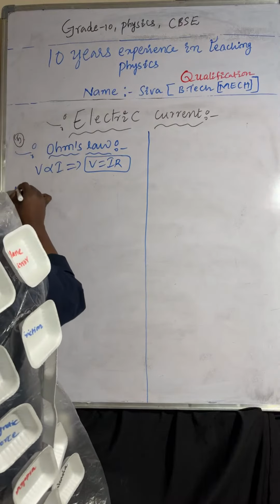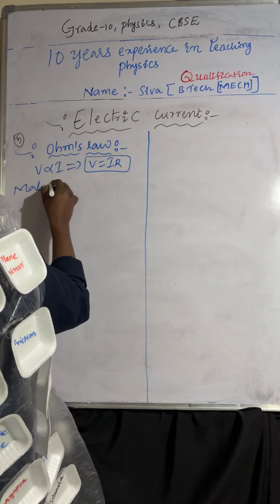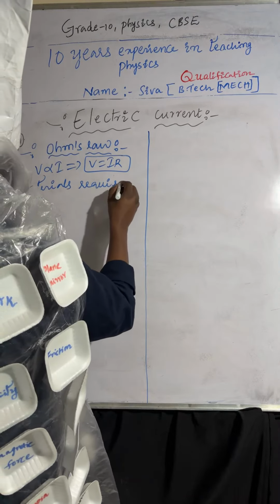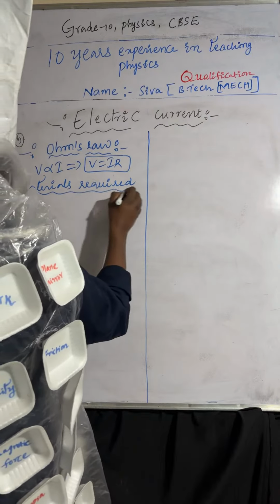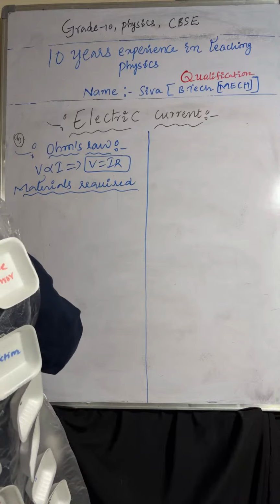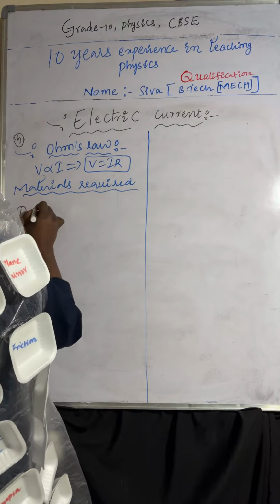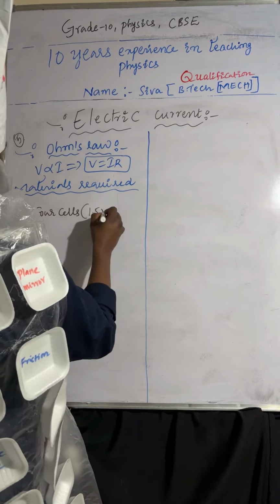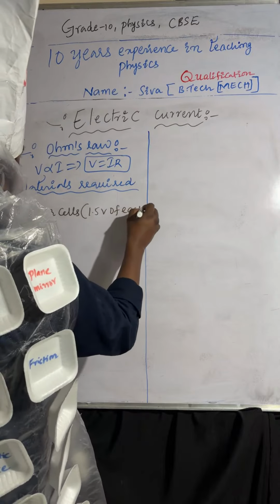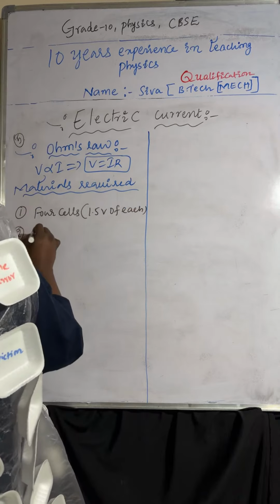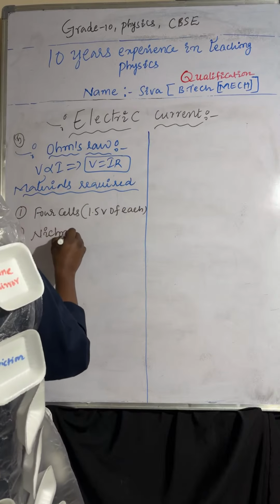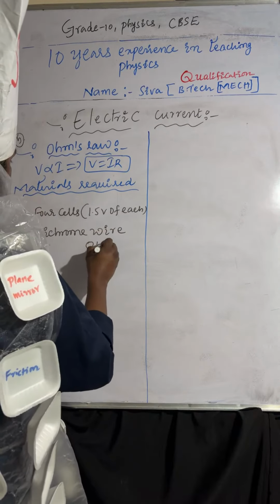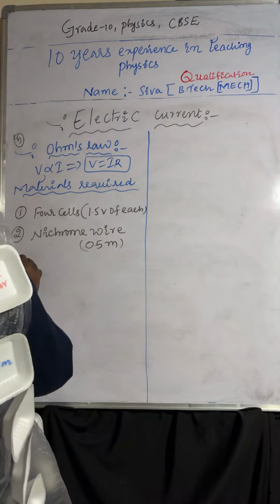And what are the materials required? Point number one: 4 cells of 1.5 volts each. Coming to the second one, nichrome wire, which is an alloy. The nichrome wire is 0.5 meter in length.